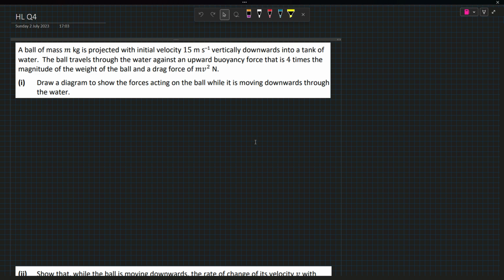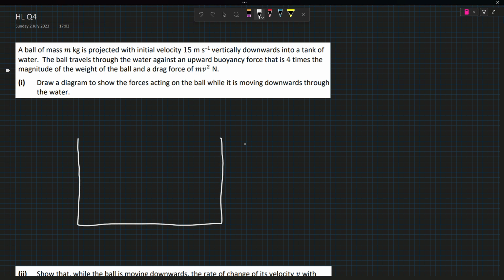So the first thing we're told is to draw a diagram to show the forces acting on the ball when it's moving downwards. We can imagine the ball in a tank of water, with the surface of the water here. When it's in here, it will have its weight downwards, mg, and it will have an upwards buoyancy force and a drag force.